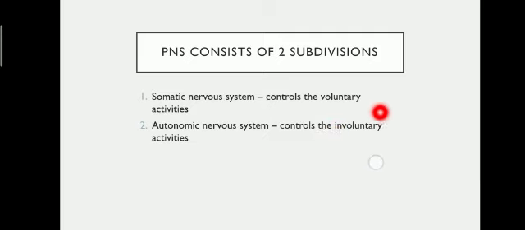The involuntary activities are controlled by autonomic nervous system, and just opposite to that, voluntary activities are controlled by somatic nervous system. So these are the two types of subdivisions of peripheral nervous system.